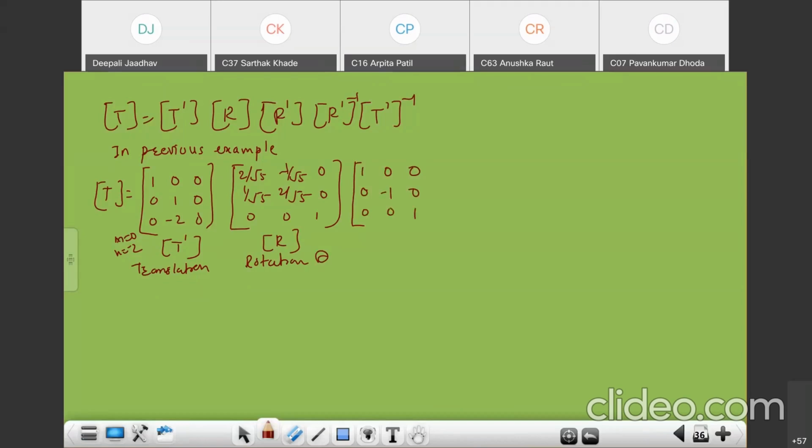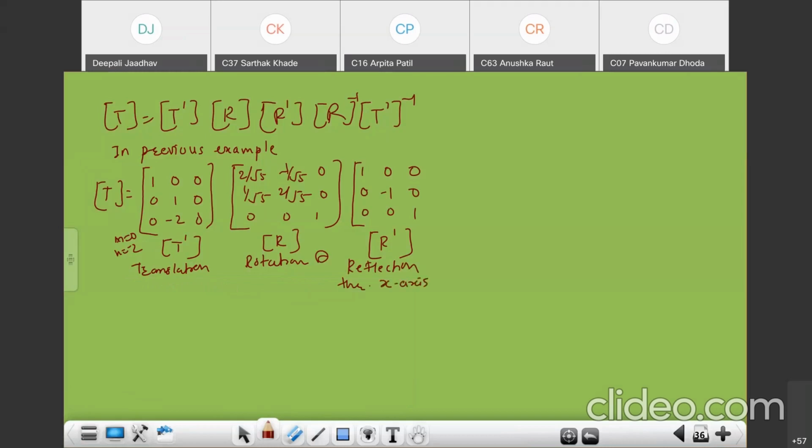Next is reflection, R dash, that is reflection through the x axis.